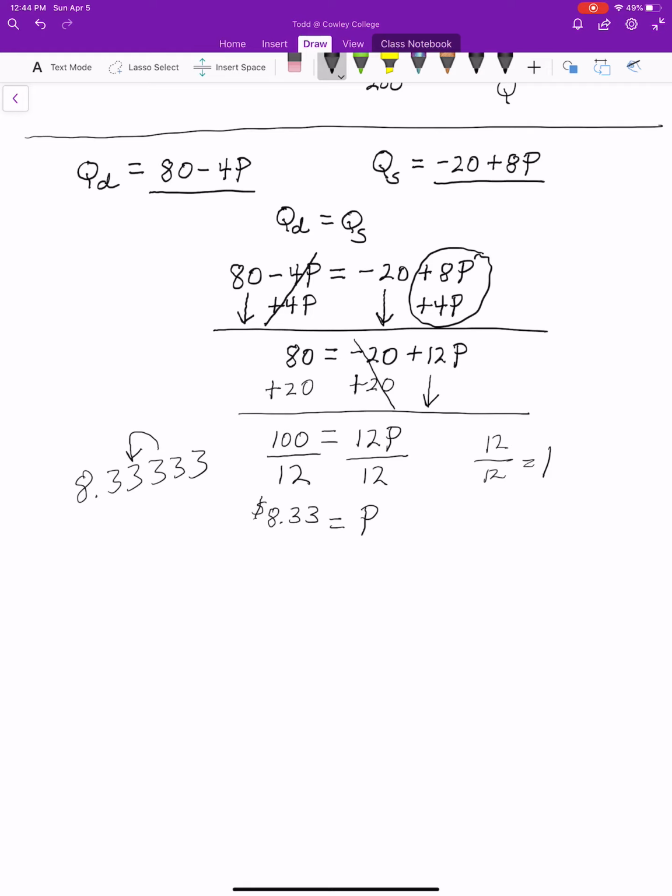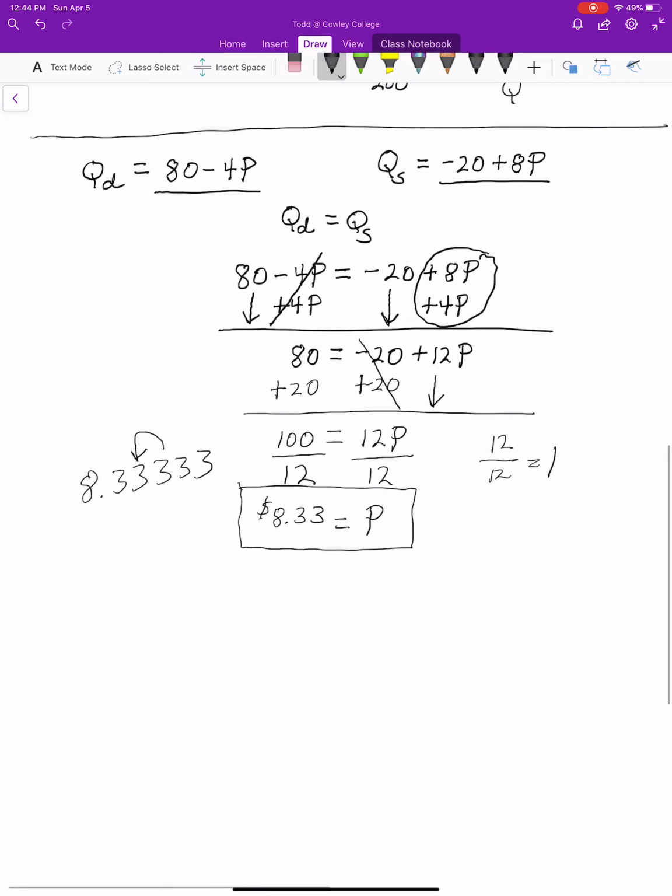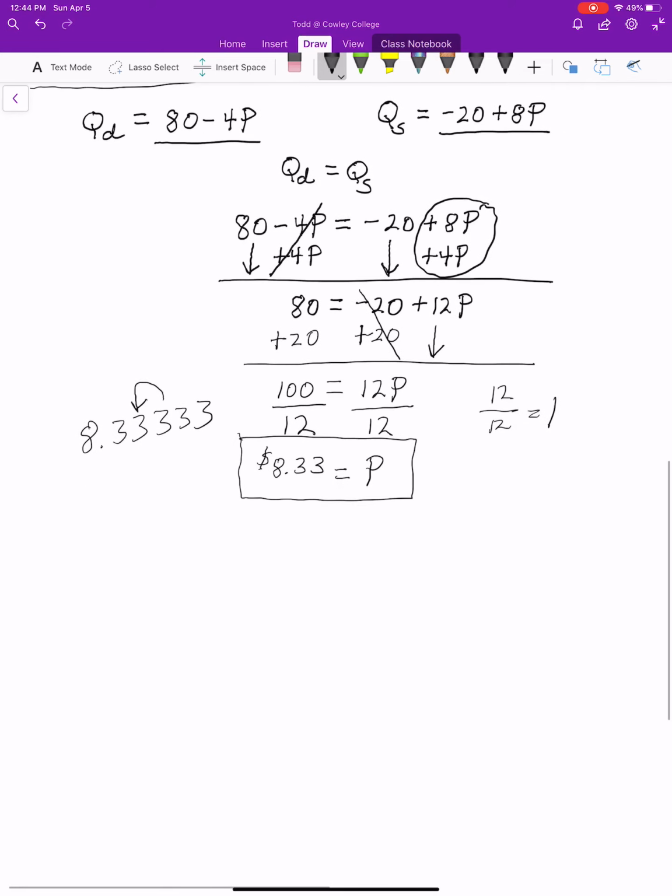So now we simply need to solve for our equilibrium quantity. To do that, I'm going to plug it into either one or both of the formulas. I'm going to plug it into the quantity demanded, which is equal to 80 minus 4P.